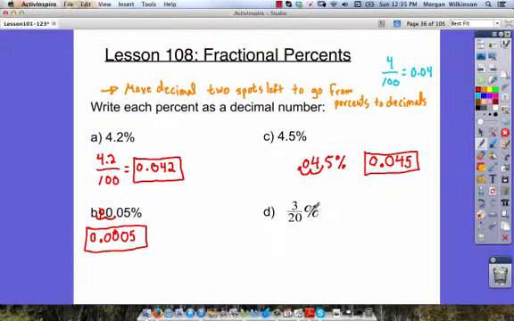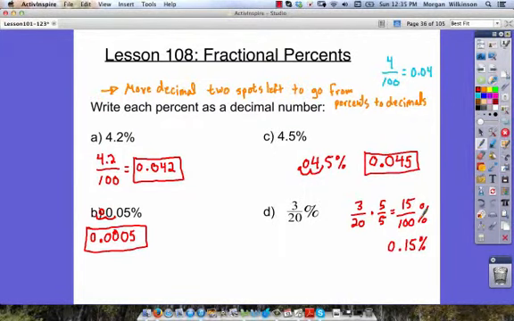3/20ths%. Well, 3/20ths, let's go ahead and expand that out. If we multiply both numbers by 5 over 5, so we get out of 100, it is going to be 15 hundredths percent. And 15 hundredths percent must be 0.15%.